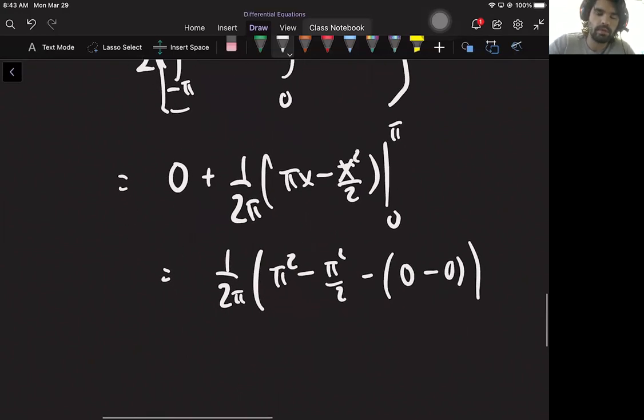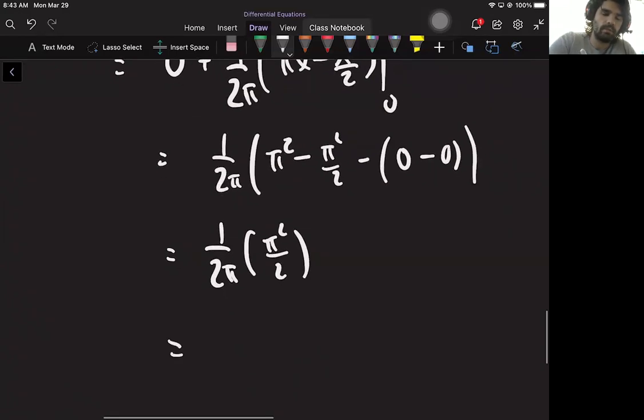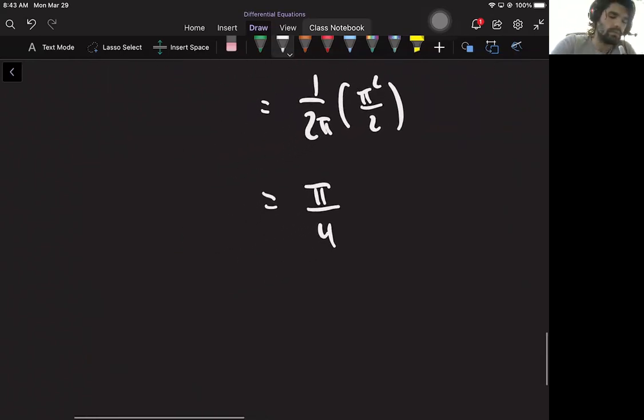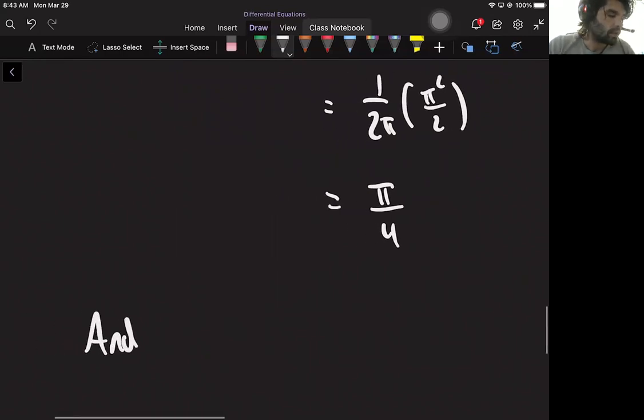And so very quickly, this is pi squared over 2. So the pi's cancel and you get pi over 4. Okay, so that is the first coefficient. So now we have to do the cosines and the sines part, and then we'll stick it all together.